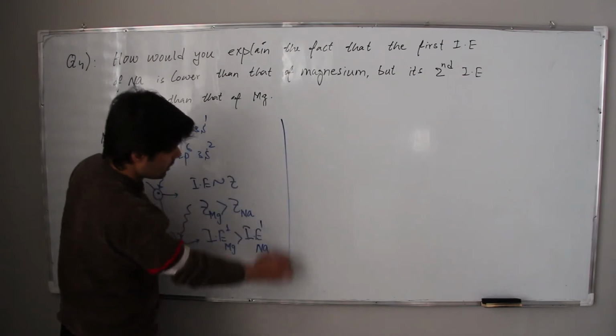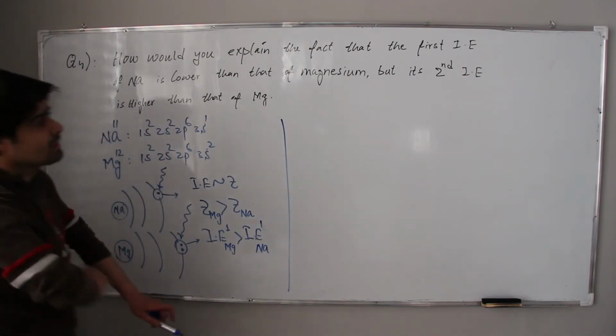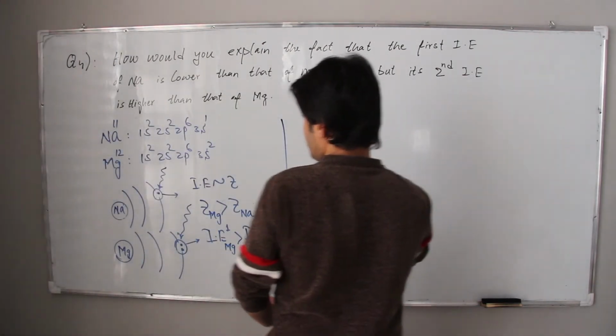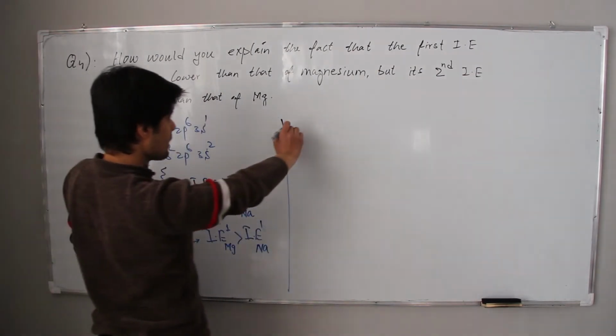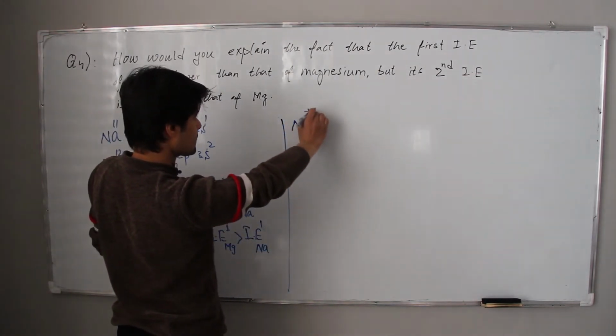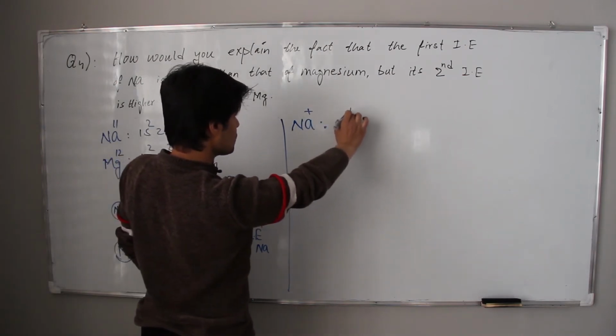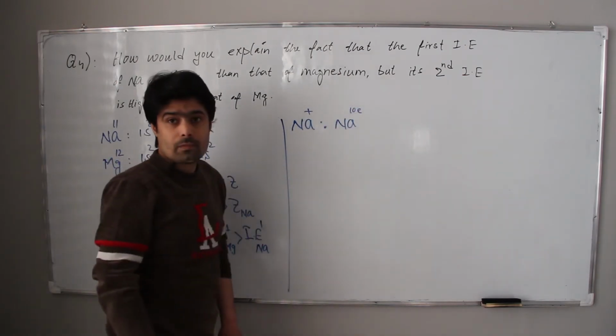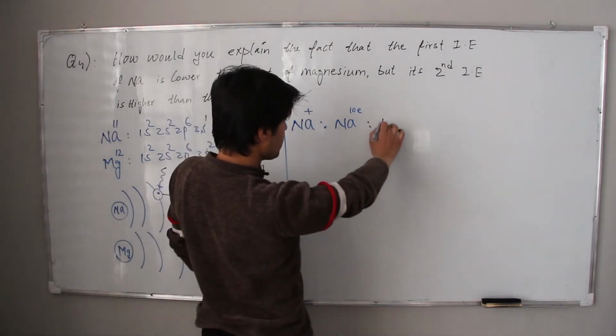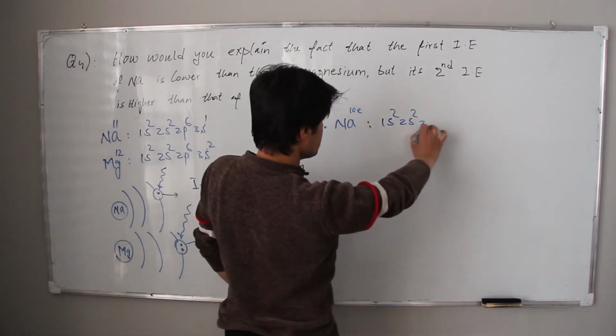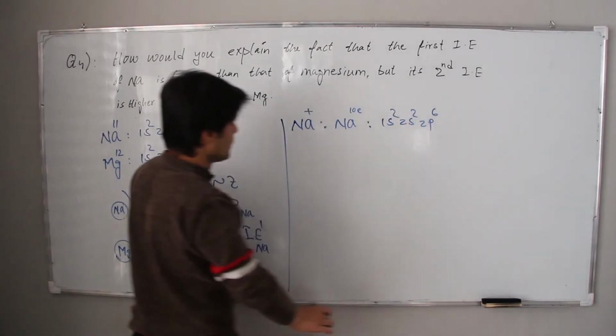Now whenever you're talking about second ionization enthalpy, the sodium is changed to sodium plus. Sodium plus has 10 electrons. Now what's the electronic configuration? 1s2, 2s2, 2p6.